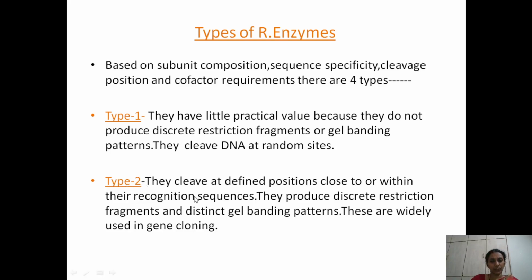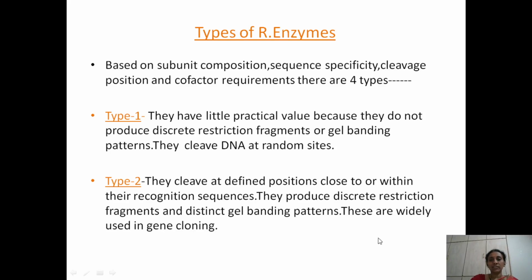Coming to type 2. They cleave at defined positions close to or within their recognition sequences. That is, these type 2 enzymes are strict enzymes. They follow the rules strictly so that they cleave very near to the target site or exactly within the target site, so that they produce discrete restriction fragments and distinct gel banding patterns.